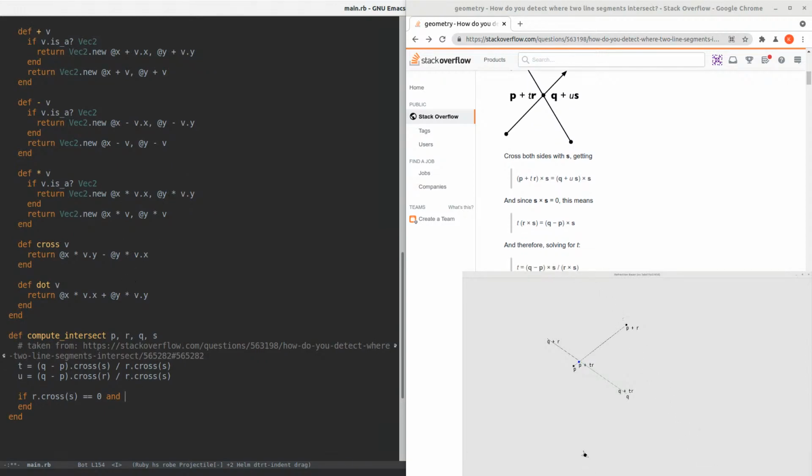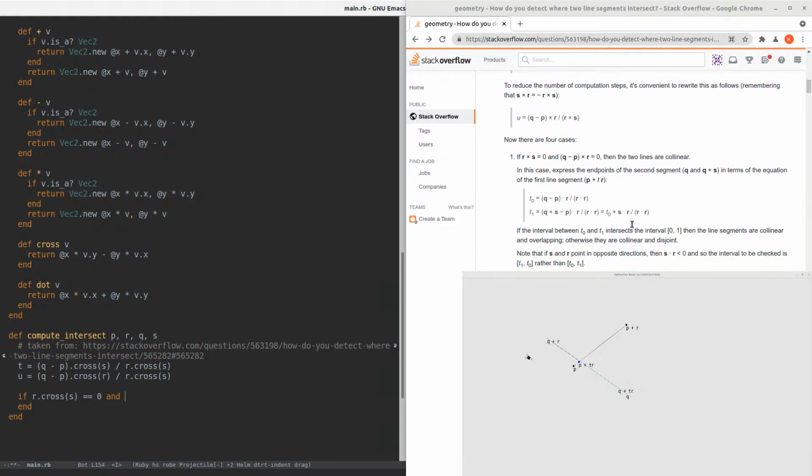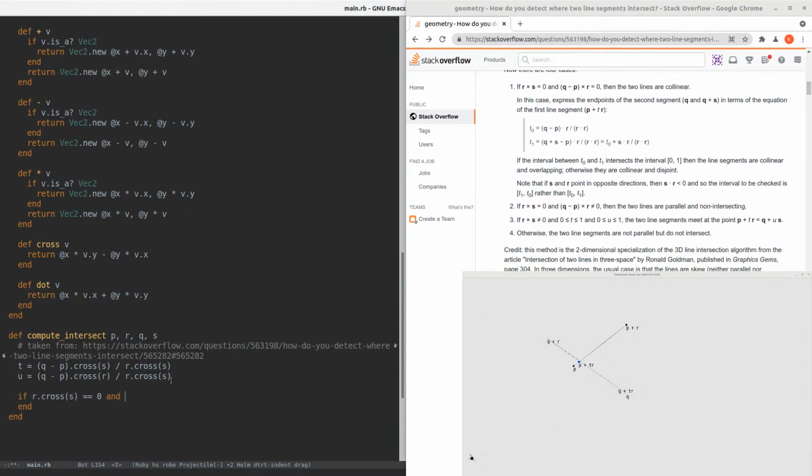But anyway, back to implementing this. So we also have our q minus p cross r. Then that we're just going to return as nil. And that's what we'll do for no intersection.